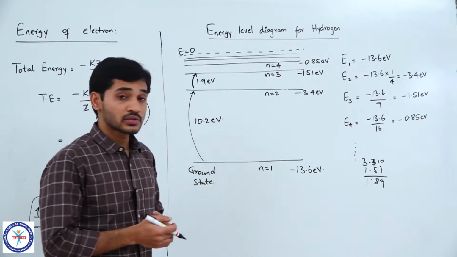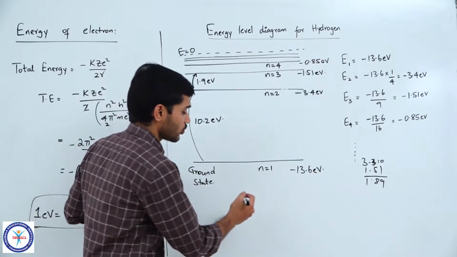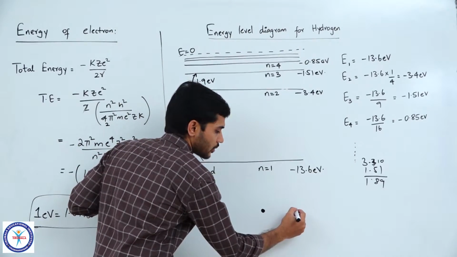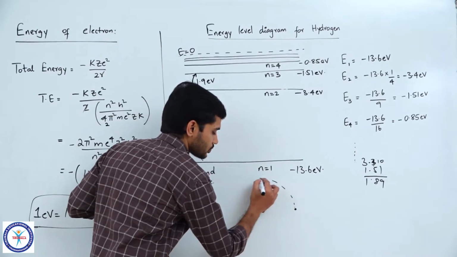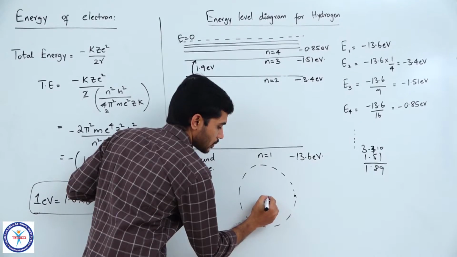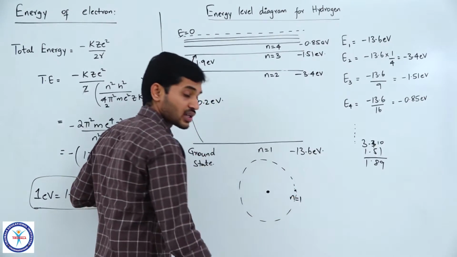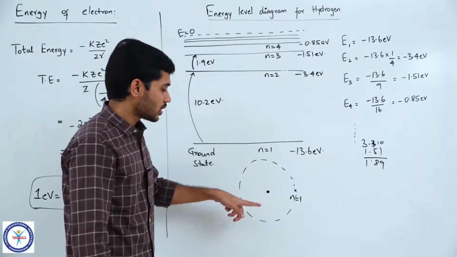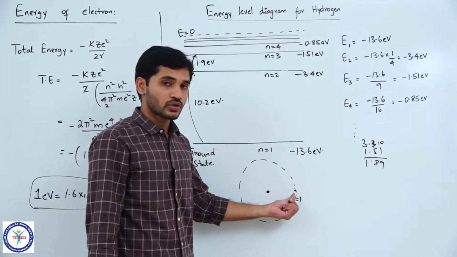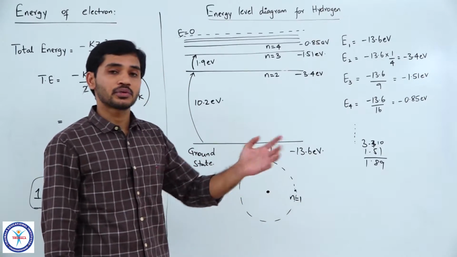So, they can actually ask you a question like this: how much is the energy required? For example, if you have a nucleus and you have an electron, and let us say this is in n is equal to 1 state, the ground state. They can ask a question like this: what is the energy that should be supplied to this electron to remove it from the nucleus, to remove it from the atom, to send it to infinity?